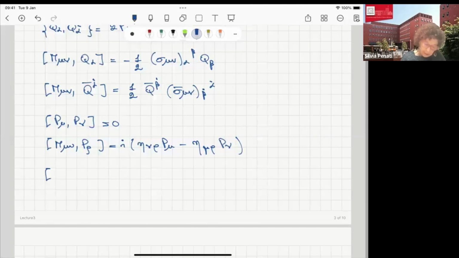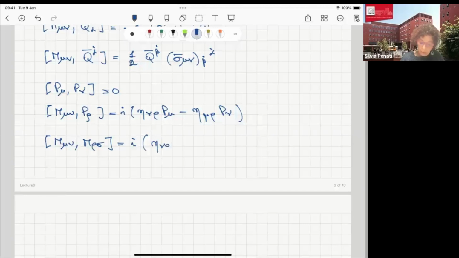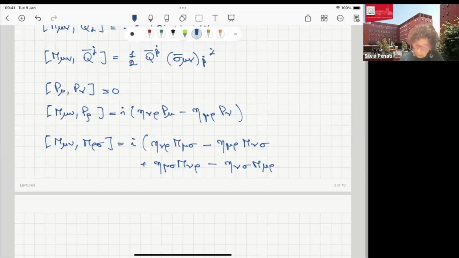And finally, if I commute two Lorentz generators, what we get is i times eta mu rho M nu sigma minus eta nu rho M mu sigma plus eta nu sigma M mu rho minus eta mu sigma M nu rho. I hope I did not mess up things. Okay, this should be okay.